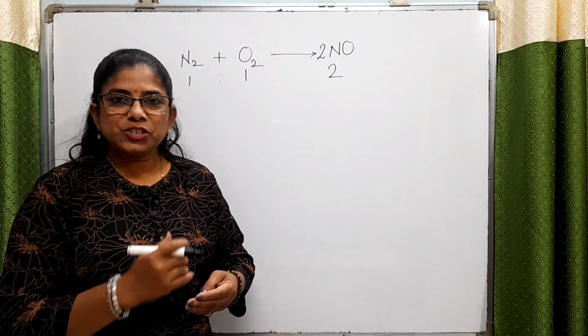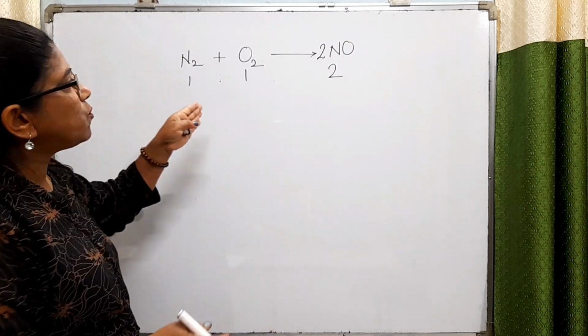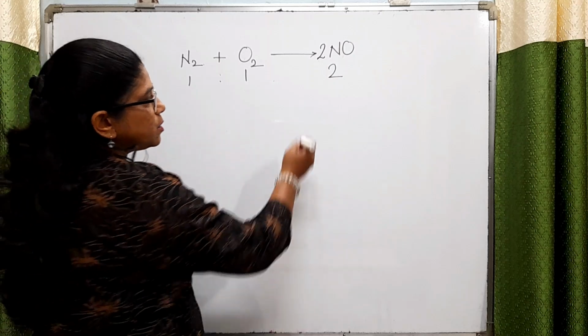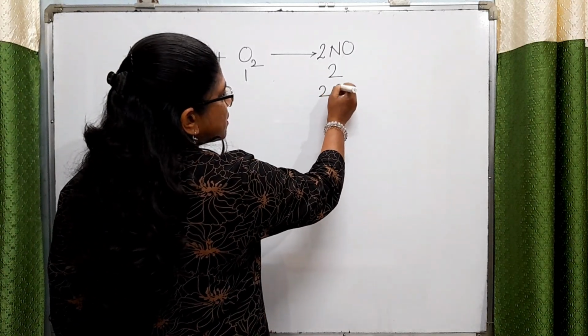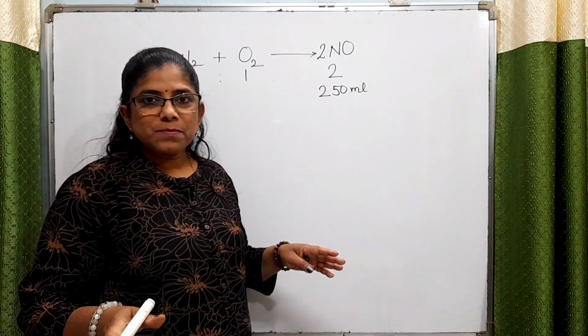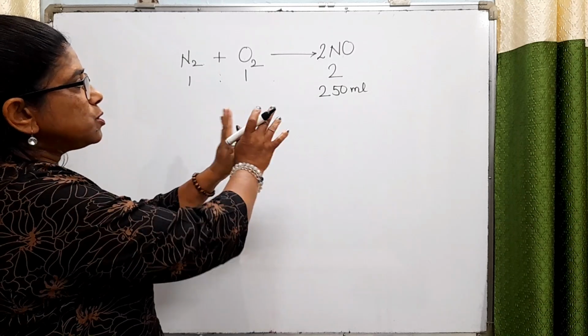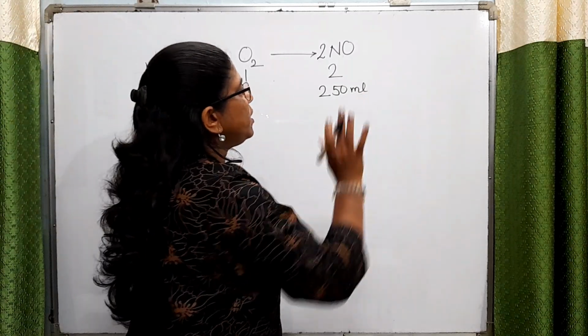Now the question is: what is the volume of the reactants required to produce 250 ml of nitric oxide? The total volume of the product is 250 ml.